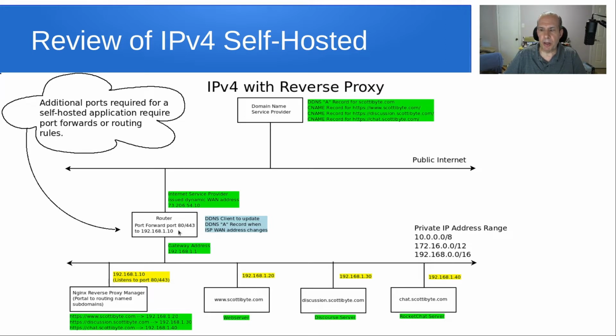And basically all we did was we forwarded port 80 and 443 onto that system hosting NginX Proxy Manager, and NginX Proxy Manager acted as a lookup directory to then point to our other IPv4 services. And if we had additional ports required for a self-hosted application, we would port forward those ports on your router to the particular system that needed those ports.